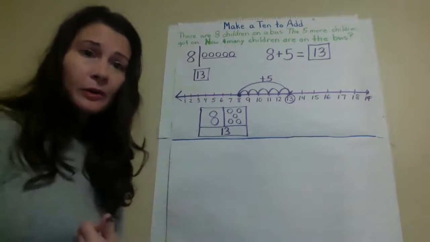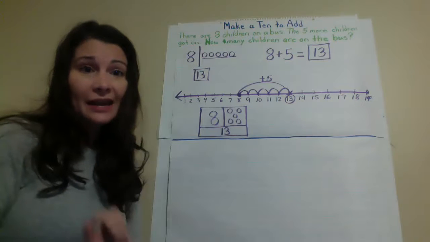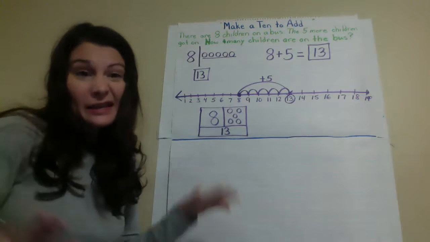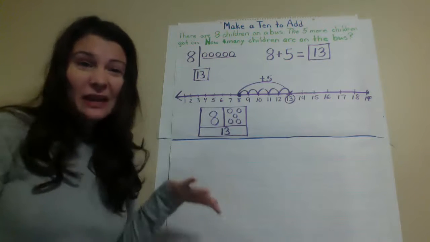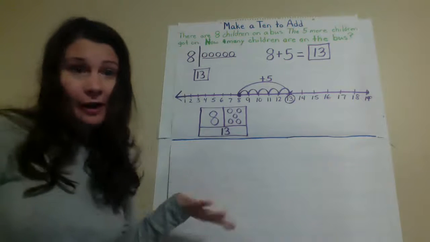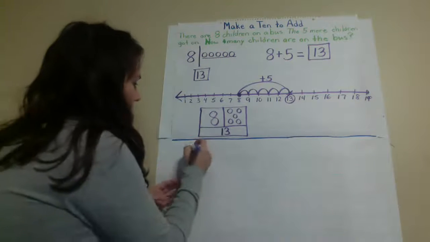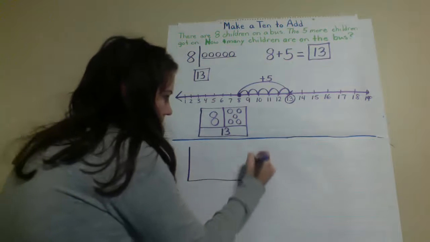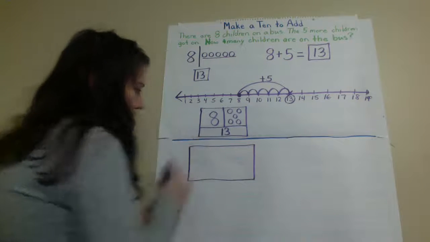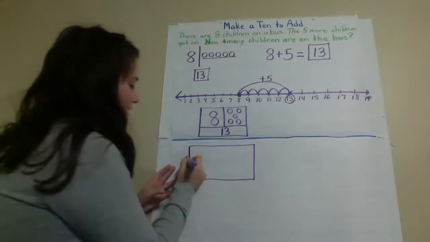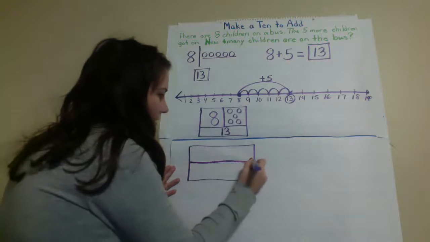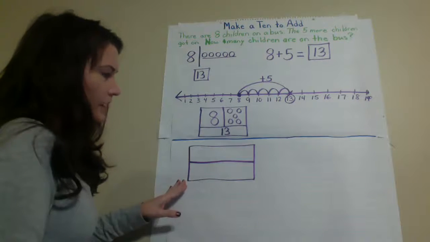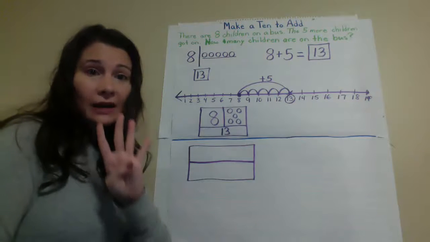For this purpose, I'm going to use a 10 frame because it's make a 10 to add, so it makes sense to use a 10 frame. Remember that we draw a 10 frame by starting with a rectangle. We slice that rectangle in half, and then we need 4 lines down.